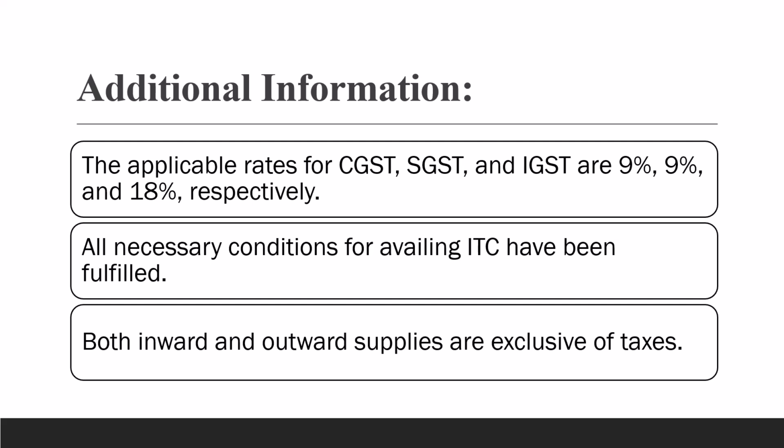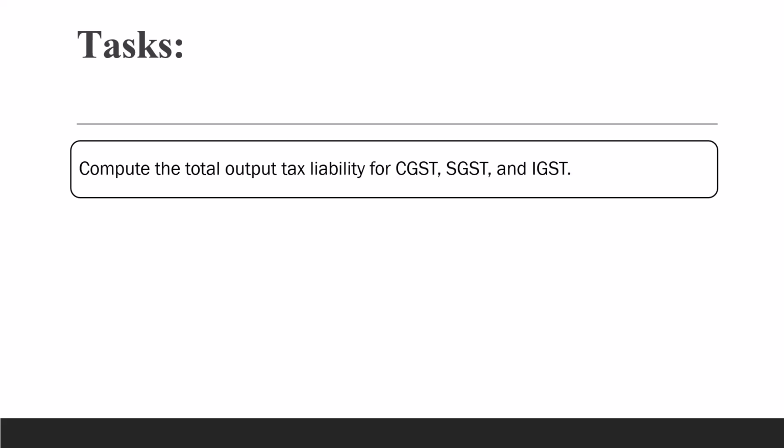Both inward and outward supplies are exclusive of taxes, so this is without the GST component. What we have to do: compute the total output tax liability for CGST, SGST and IGST. Number one, determine the minimum GST payable in cash for the tax period, ensuring optimum use of ITC.